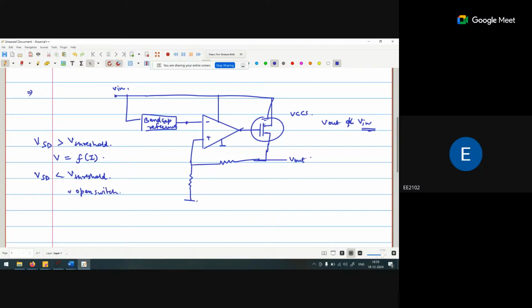Now what is the VSD? This is the MOS device having three terminals: source, gate and drain. So basically VSD is the voltage difference between the source and drain terminal. Okay, so VSD is basically this one.